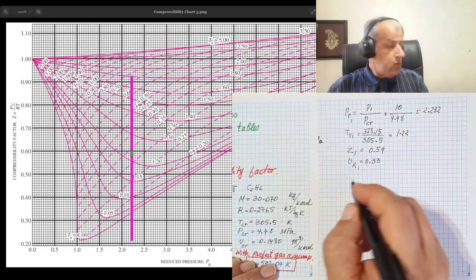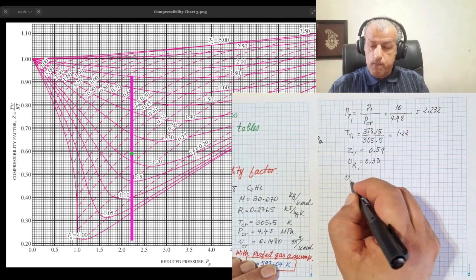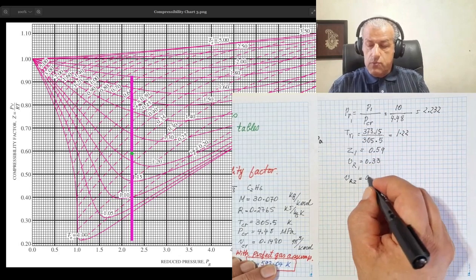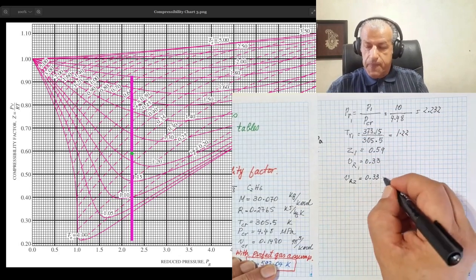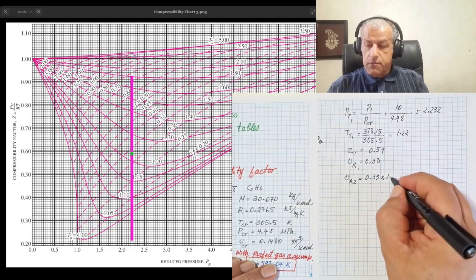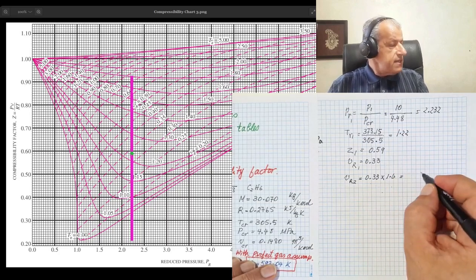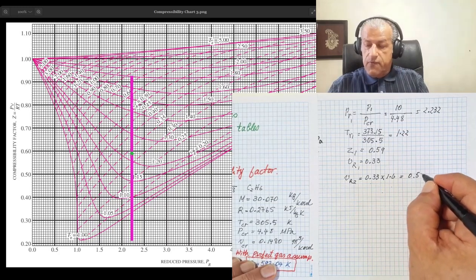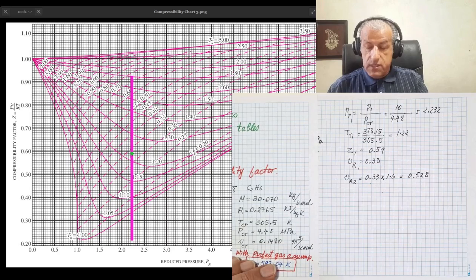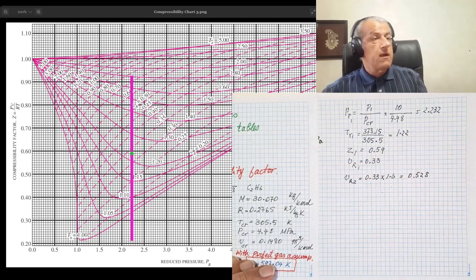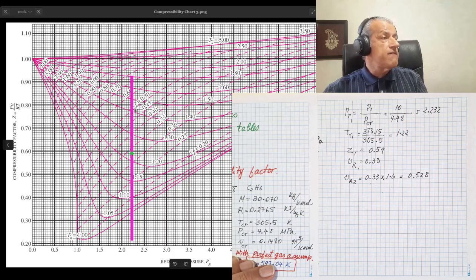This is VR1, and VR2 would be 0.33 times 1.6, and that is 0.528. You see, we now know that our final point is on 0.528, which would be somewhere around here.